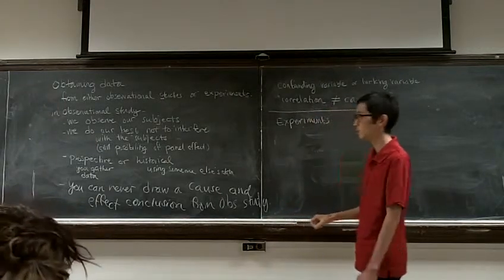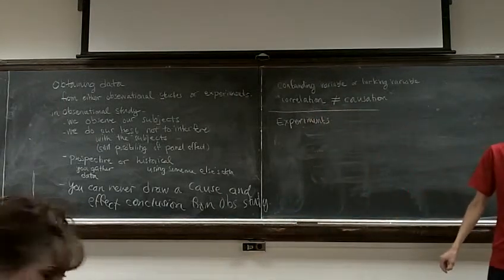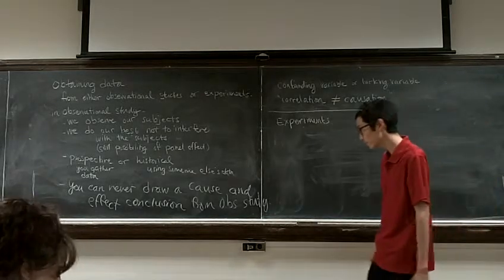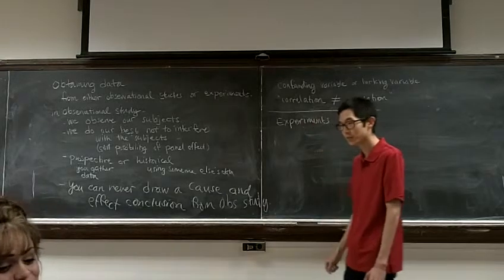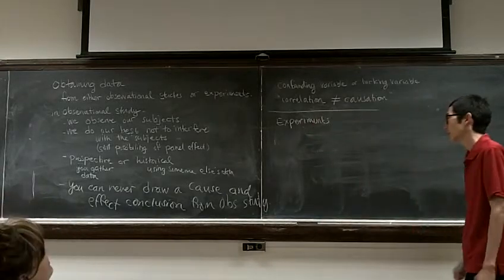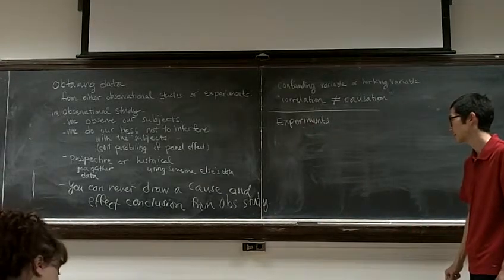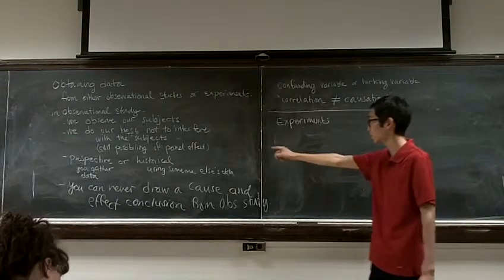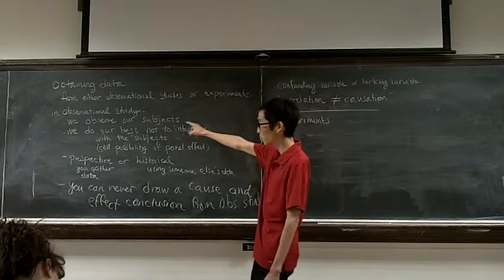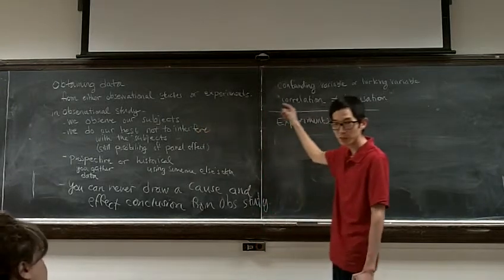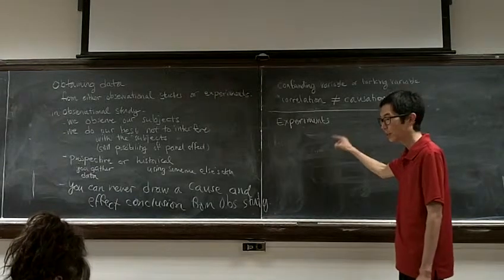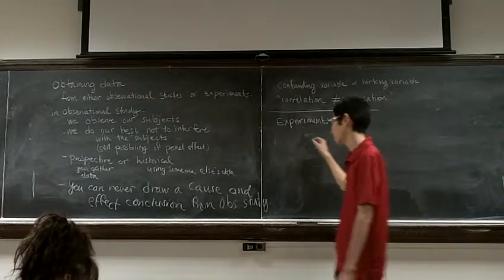So with experiments, you find volunteers, or you find people to study, and unlike the observational study, where we observe our subjects, in experiments we do as much as we can to control a lot of things about our experiment, about our subjects.